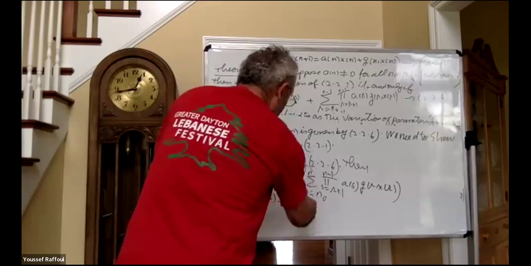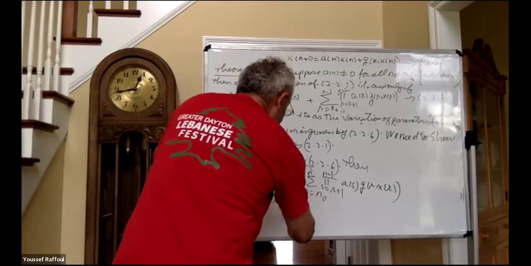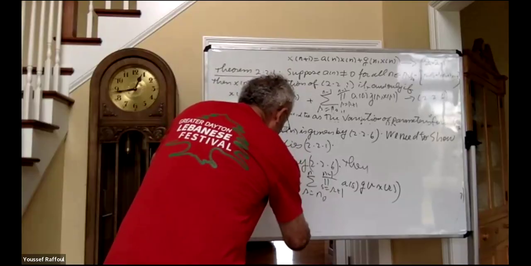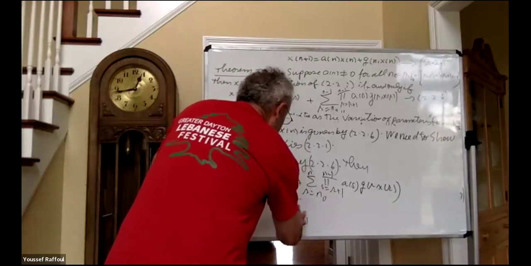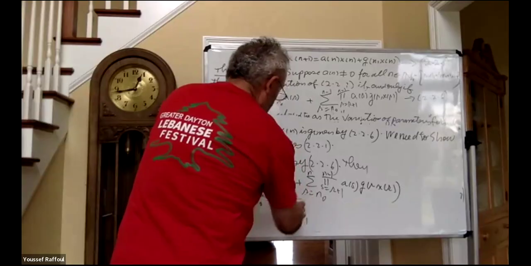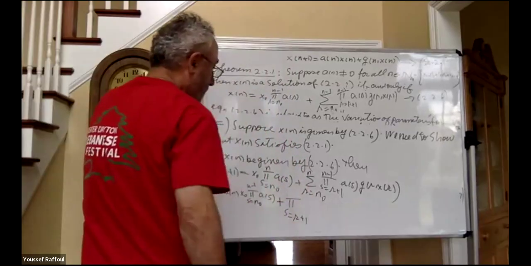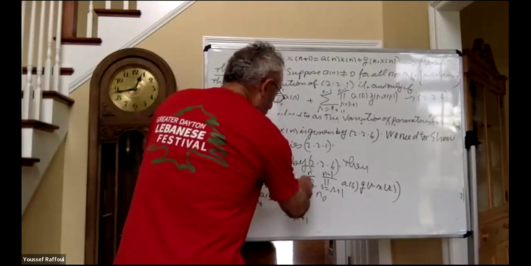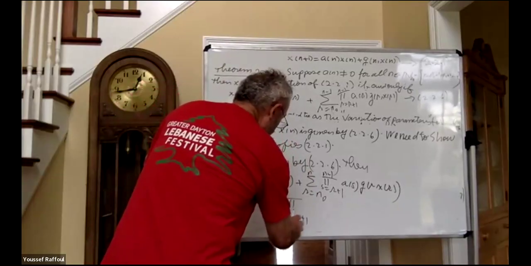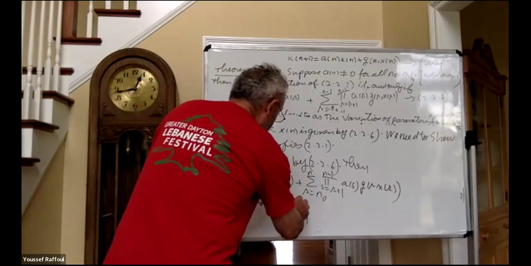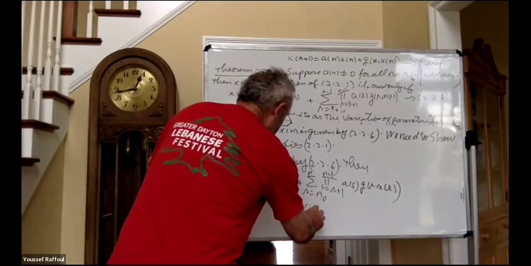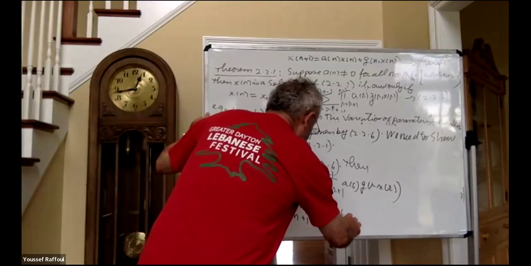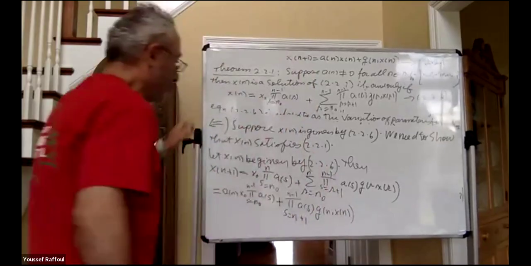If I evaluate r at n, I'm going to have the product over s equal n plus 1 to n minus 1 of a_s times g of n x_n, correct?